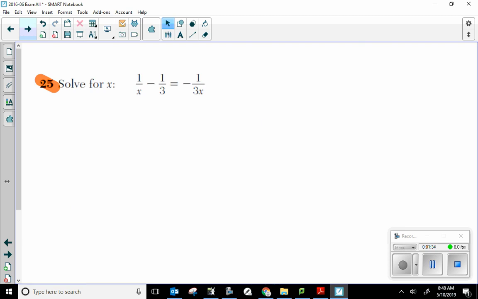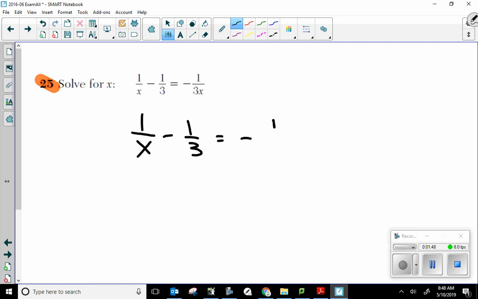Number 25, solve for x. It seems like an Algebra 1 problem, but let's get a common denominator. If I have 1 over x minus 1 over 3 equals negative 1 over 3x, I want my denominators to be the same so I can combine them. It seems like I have 3's and x's everywhere, so let's make all the denominators have a 3x. My fraction on the far left, 1 over x, has the x, it doesn't have a 3.